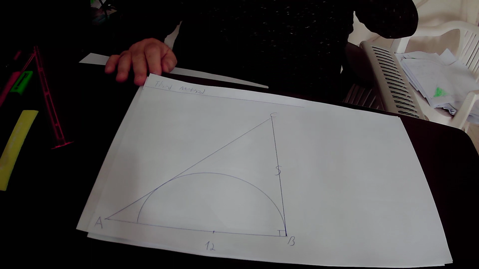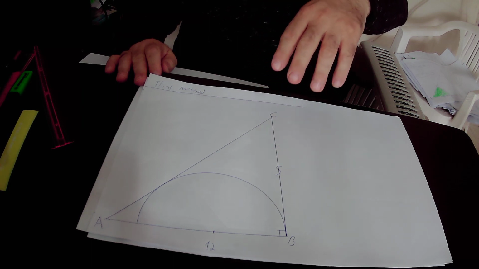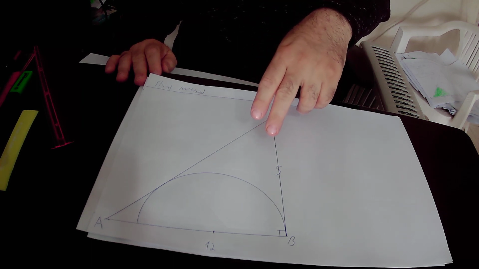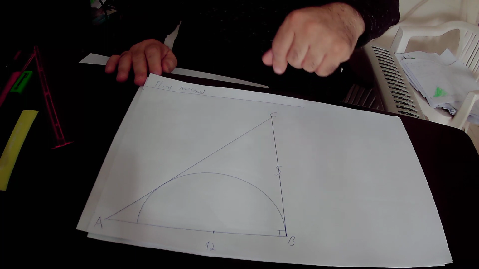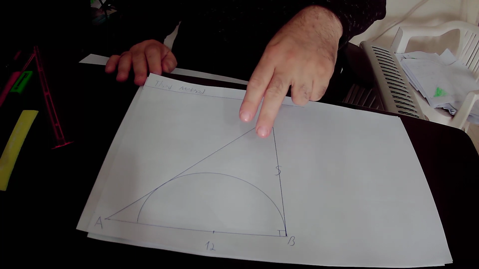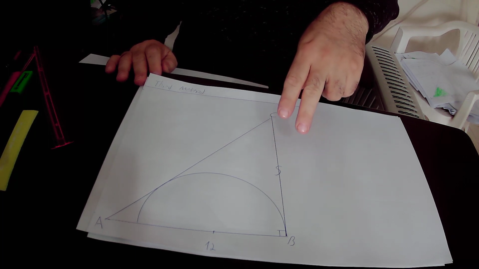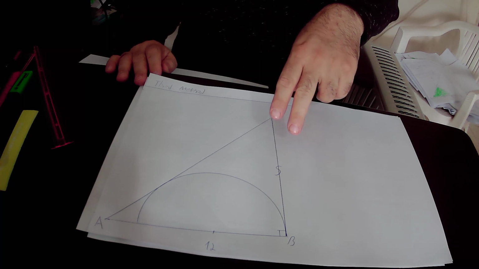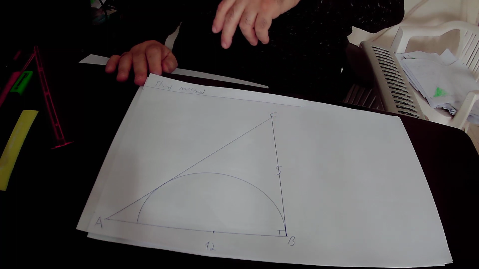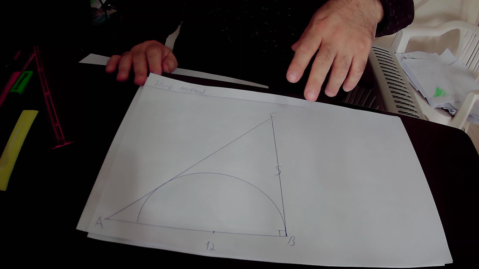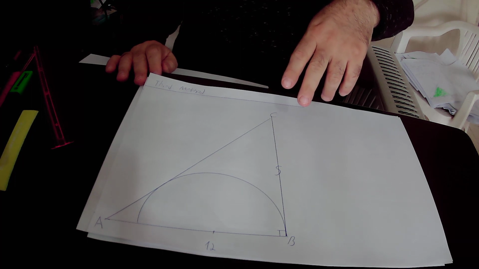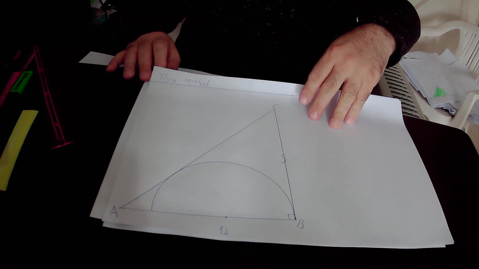Then we will join together this figure with its mirror image, and in this way we will get a circle that is inscribed by a triangle.